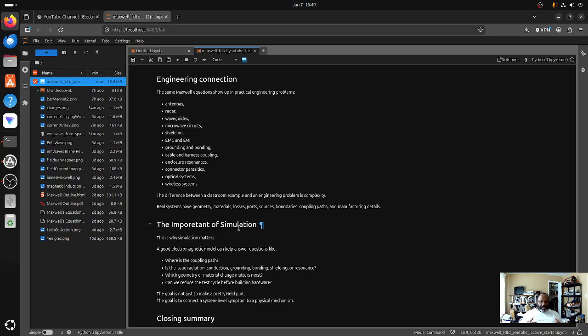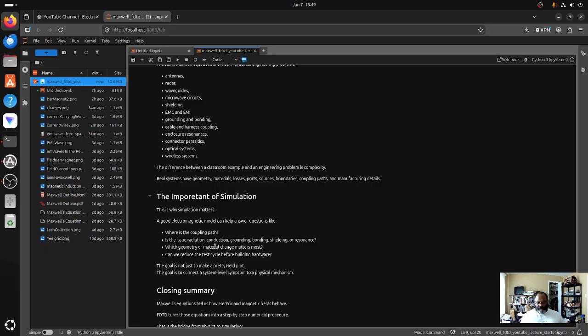So these equations help us to model and to simulate all of these different systems, all using Maxwell's equations. Why are simulations important? A good electromagnetic model and simulation helps us to answer questions like, where is the coupling path? If we're doing some type of troubleshooting, is the issue radiation, conduction, grounding, bonding, shielding, or resonance?